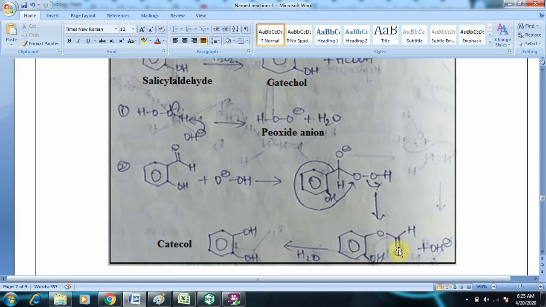So it becomes O minus, and this is the new bond formed, OH. And when it repolarizes, the bond will break, so it becomes O minus, phenoxide anion. So this phenoxide anion, when it is treated with water, it becomes OH. So this is about the formation of catechol.